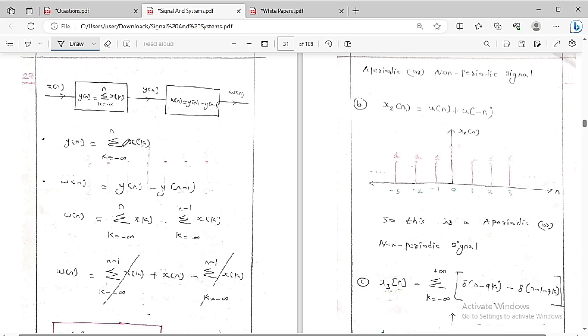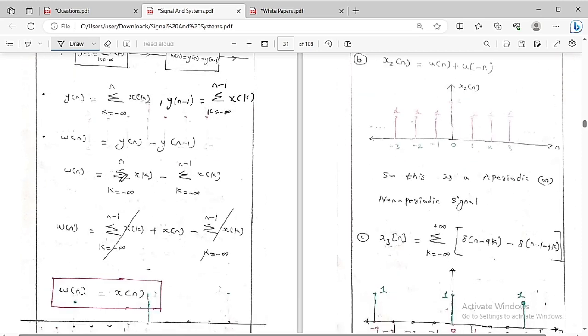Then you are going to get sigma k equals minus m to n minus 1 of x of k. So this is the y of n expression and this is the y of n minus 1 expression. Now we need to do the subtraction of these two things.